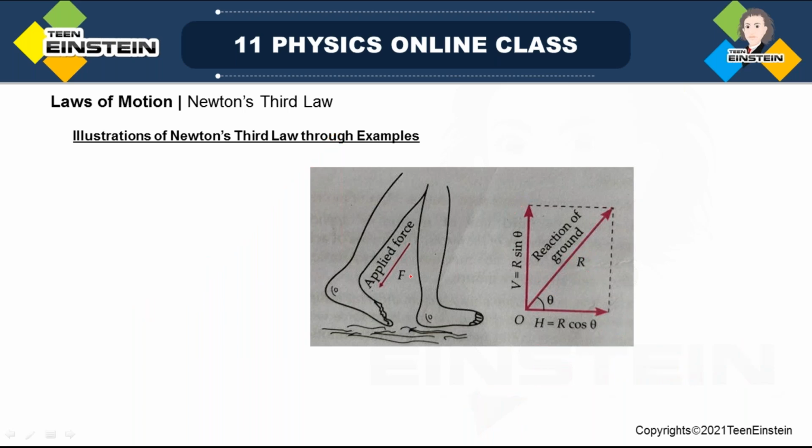In this case, what is important is that the vertical component R sin theta will balance our weight, which is mg. This will balance our weight completely. Once this is done, we will be free to move. Now the horizontal component H is equal to R cos theta.